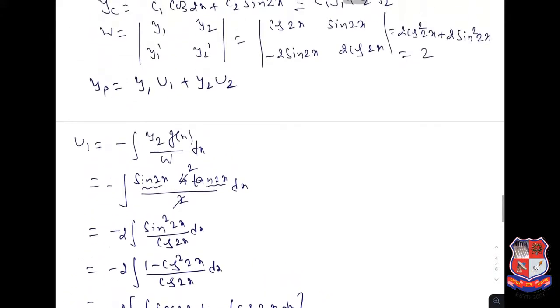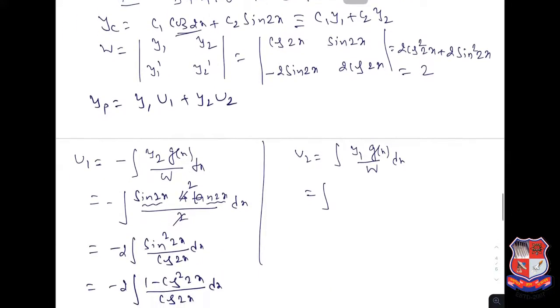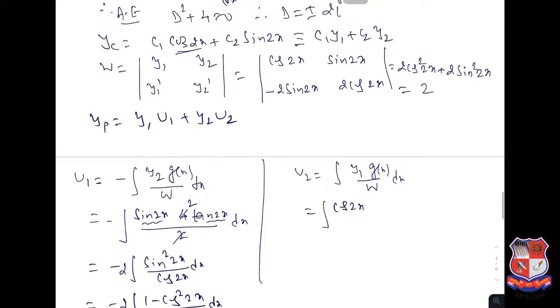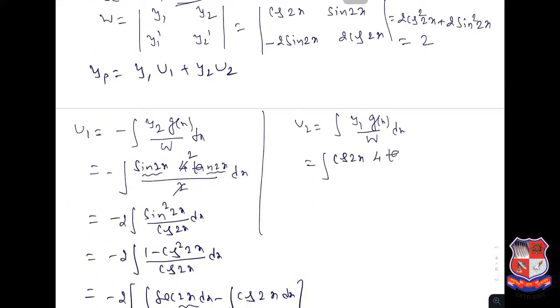Let us find u2. That's not difficult. u2 equal to integration y1 g(x) over W. Now what is y1? y1 is cos 2x. g(x) is 4 tan 2x, and W is 2.